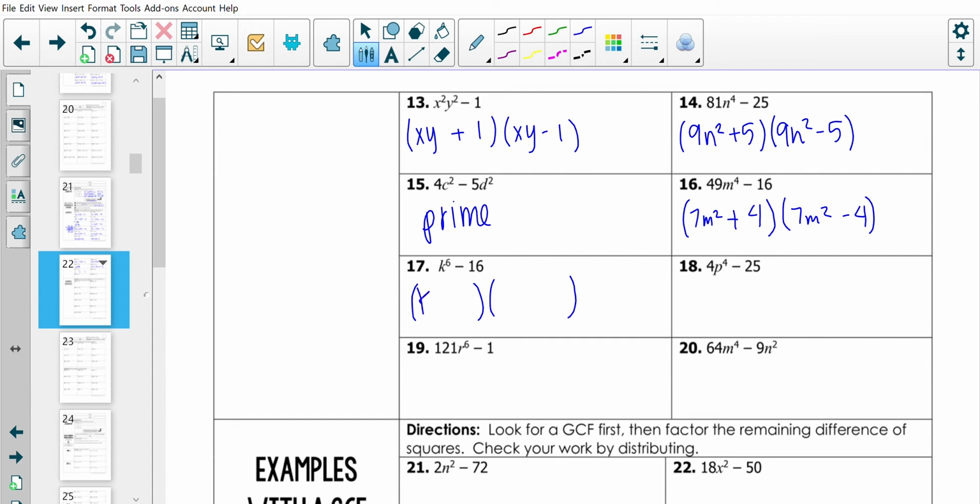So this would be k cubed, square root of 16 is 4. So plus 4, minus 4. Okay. Try number 18.